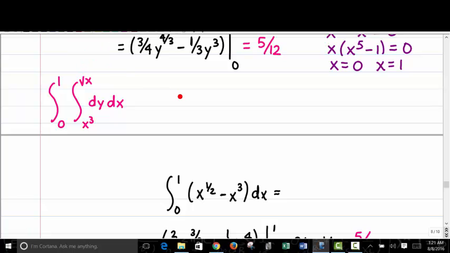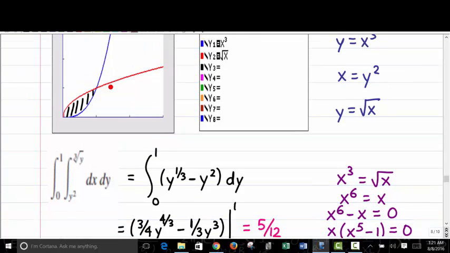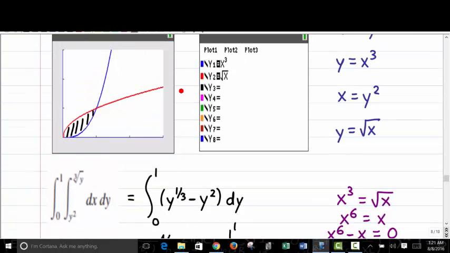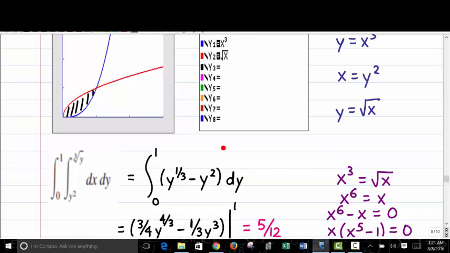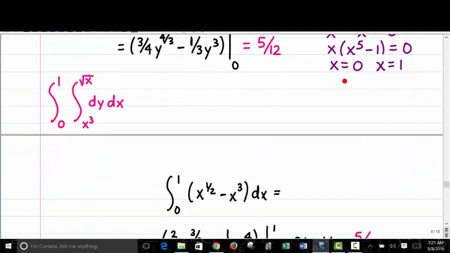I'll just draw this myself. So you look at this, we're going now dy means lower to upper. So y equals x cubed is on the bottom, and then the square root of x is on the top. So lower to upper, and it's also going to be 0 to 1, because those are both the limits, both horizontally and vertically.